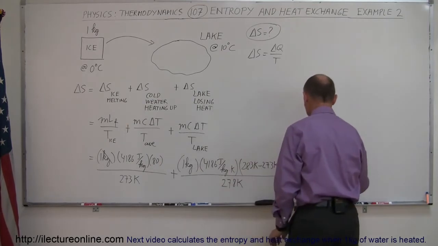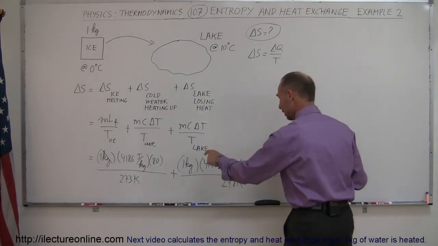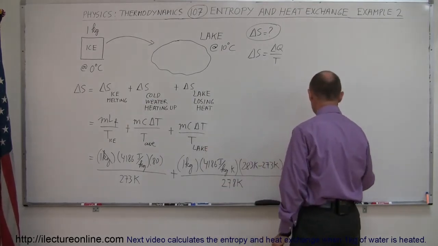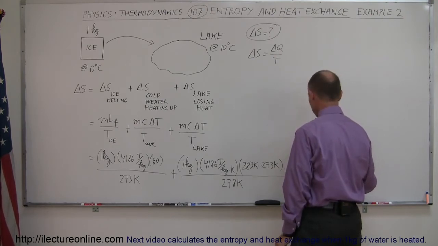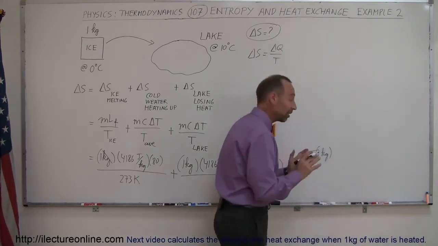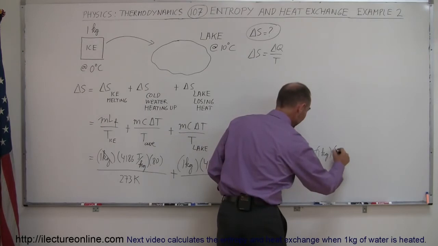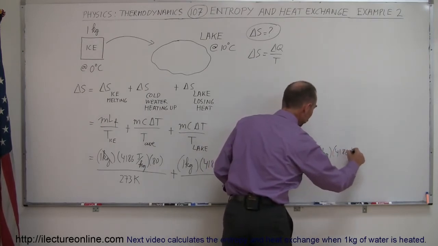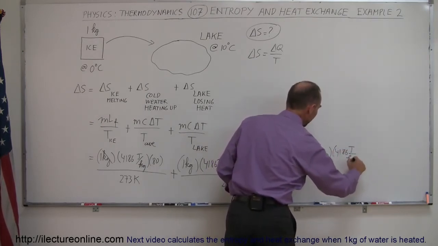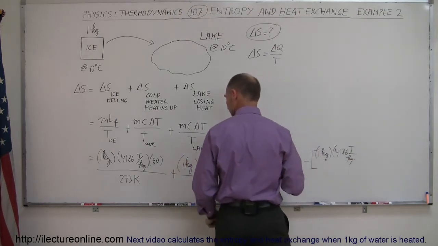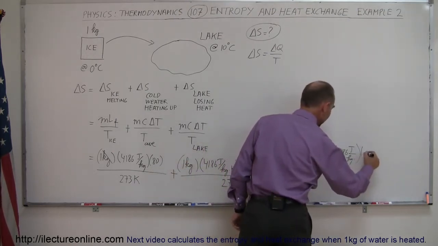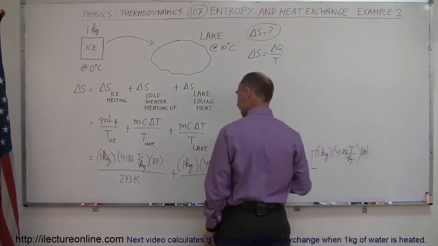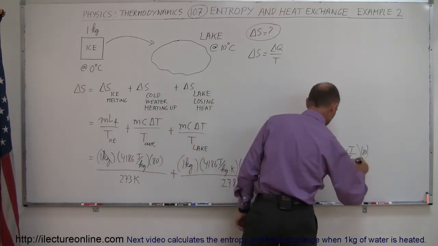And so that will be a minus 1 kilogram times 4,186 joules per kilogram per Kelvin, times 80, and divide that by 273.